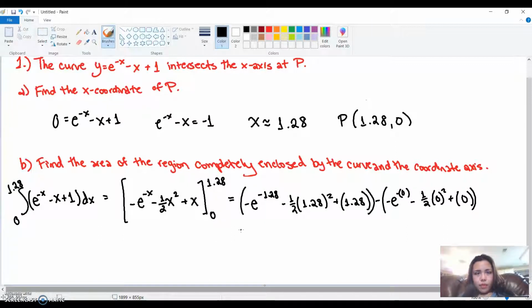Alright, that just gives us negative e to the negative 1.28 minus 1.28 squared over 2 plus 1.28 minus negative e to the 0 power. Remember, anything to the 0 power equals 1.